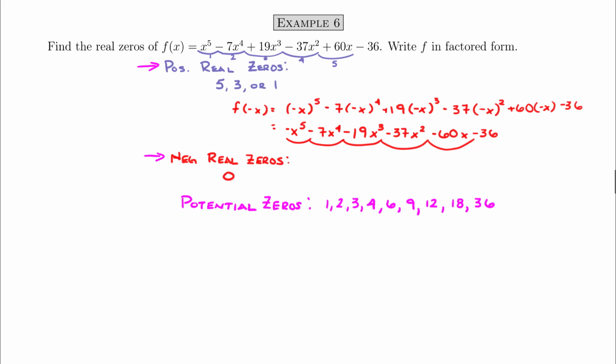Yeah. All right, so we're going to start using these values, and we're going to use the factor theorem. So we take one of these numbers and we evaluate the function. So if we take 1, that's our first number listed. So we evaluate the function at 1. We do end up with 0, I believe. So we have 1 to the 5th minus 7.